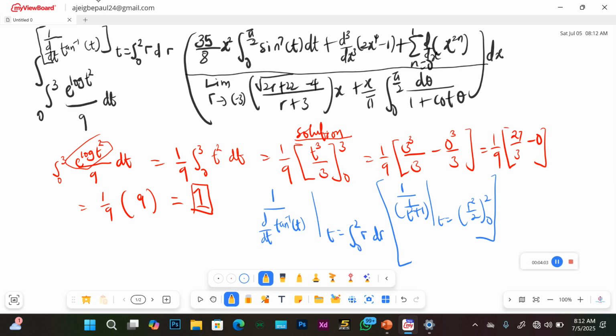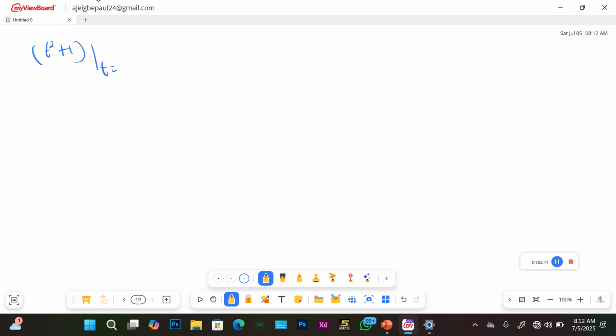If you apply the limits, you have 2 squared over 2 minus 0 squared over 2. 2 squared is 4, then 4 divided by 2 is 2, and 0 divided by 2 is 0. So we have t equal to 2. Then I'll substitute the value of t here, so we have 2 squared plus 1, which is equal to 5. So the upper limit is 5.